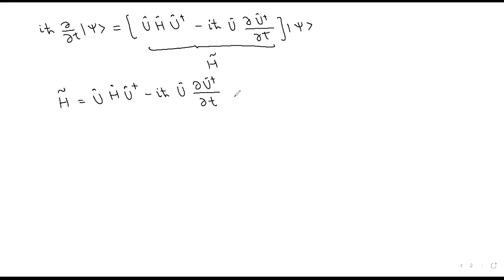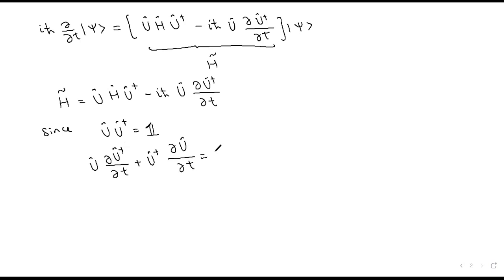Okay, so let's simplify this Hamiltonian a little. Since U U dagger equals the identity operator, or one, that's just a number in scalar terms, U partial U dagger over partial t plus U dagger partial U over partial t equals 0.